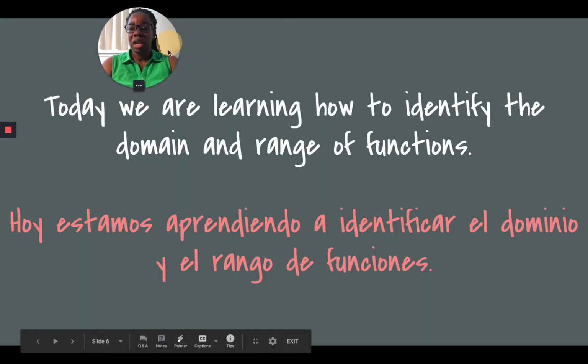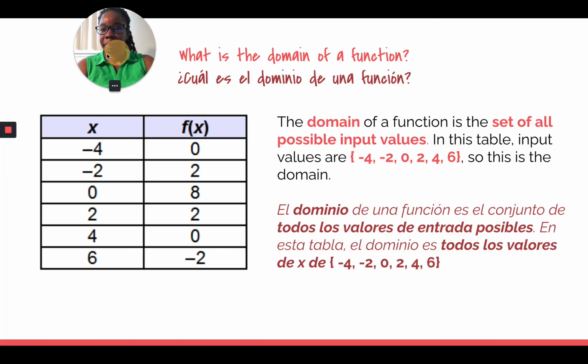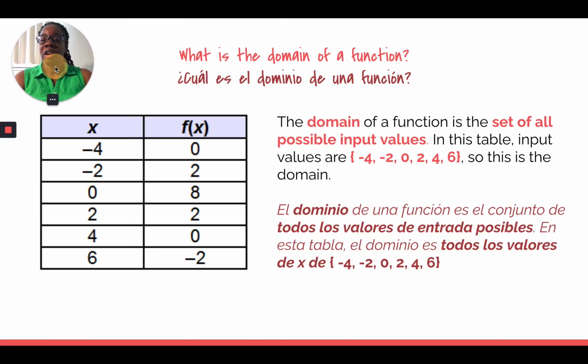Now, today, we are learning how to identify the domain and range of functions, so let's go. We're going to start off by looking at the definition for the domain of a function. The domain of a function is a set of all possible input values.